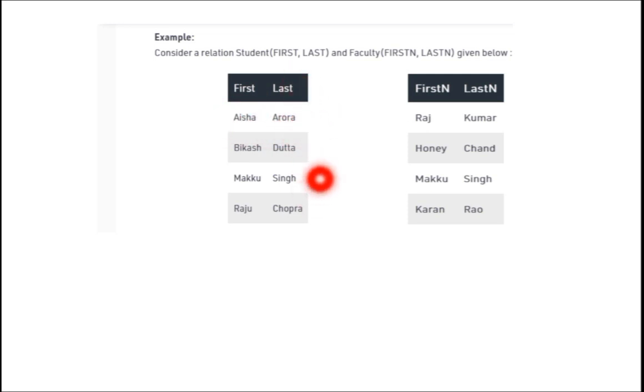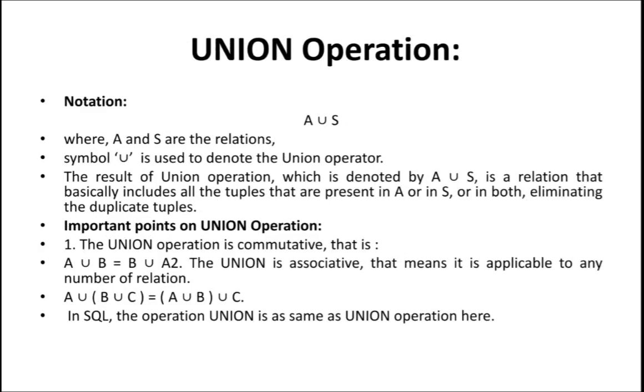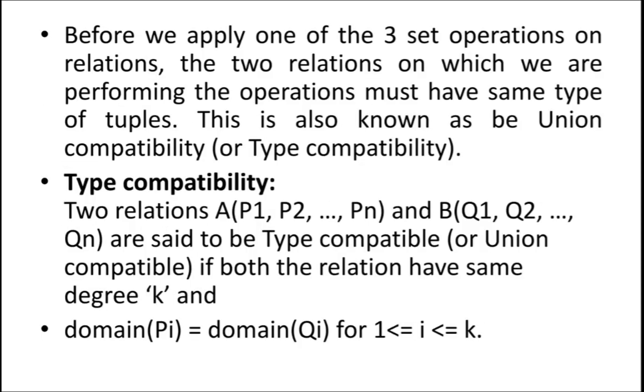In both tables, whatever records are present, that record information will be in the form of characters. That is type compatibility. So whenever you are performing this, we must have the same types of tuples. This is also known as type compatibility or union compatibility.